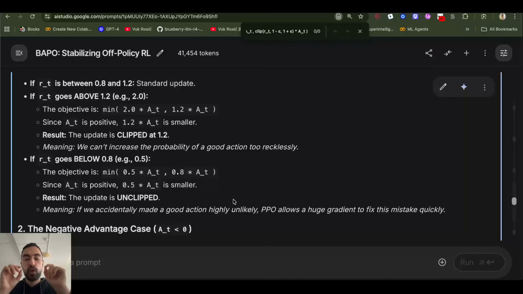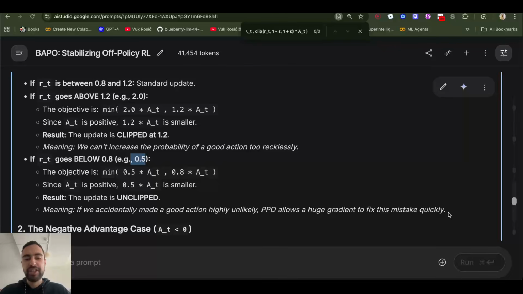We want to allow it to give as big of a reward as it wants. We don't want to restrict the reward because we accidentally made a good token less likely. So we want to let it increase the likeliness or give as big of a reward as it wants. So we don't want to clip.